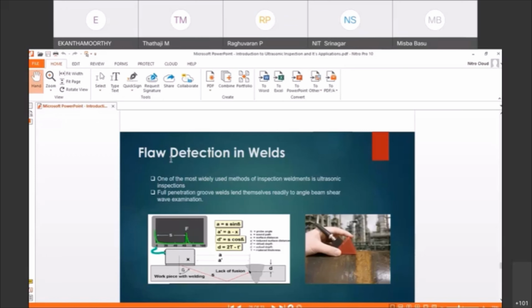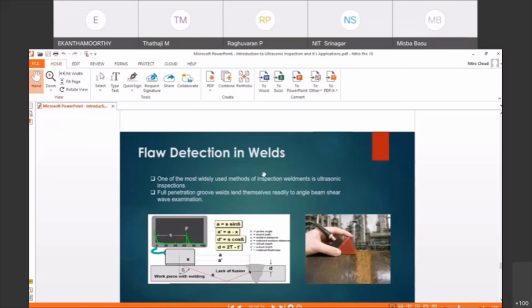Full penetration of groove welds lends readily to angle beam examination. Basically, in angle beam inspection, we can take the normal probe only and do the mode conversion, using an angle-cut wedge. This is one, and the other is a direct shear wave crystal. We'll take the shear wave crystal itself, based on the application.